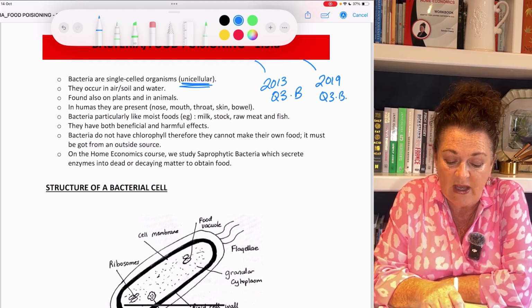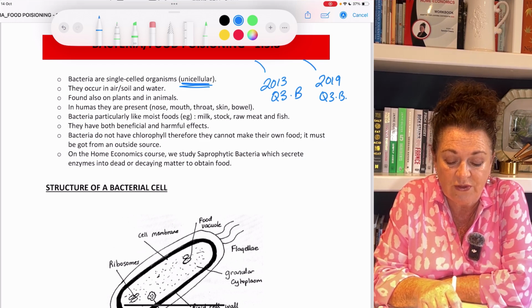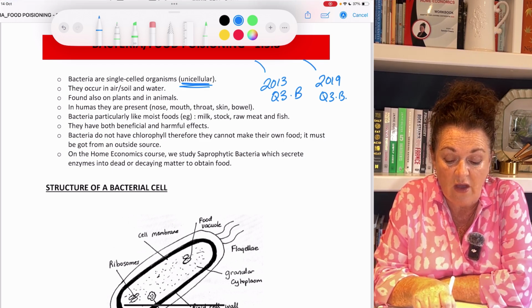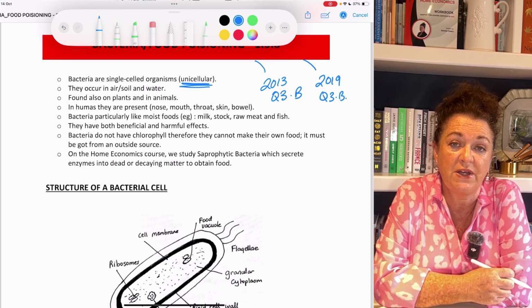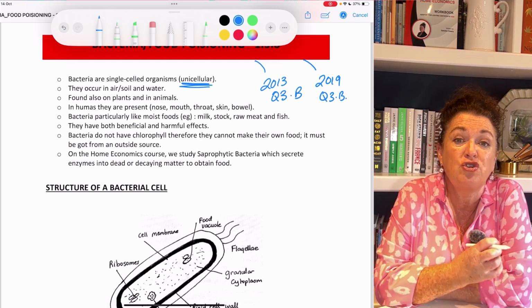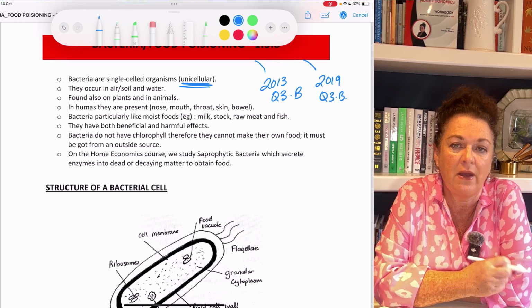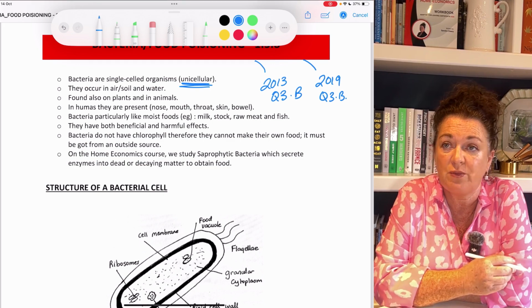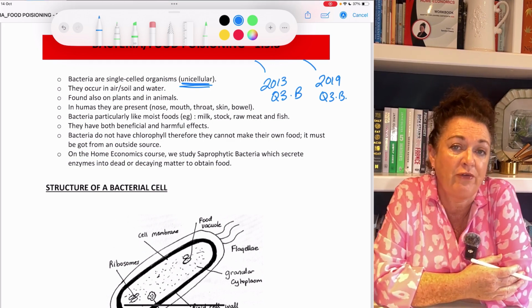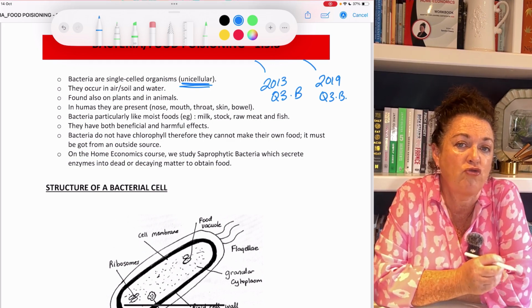In humans, we find bacteria in our nose, our mouth, our throat, on the surface of our skin, and we have mentioned quite a few times now about the fact that there are trillions of bacteria living in our large intestine or our colon. And a term that you might have heard being tossed around in general conversation is the microbiome.